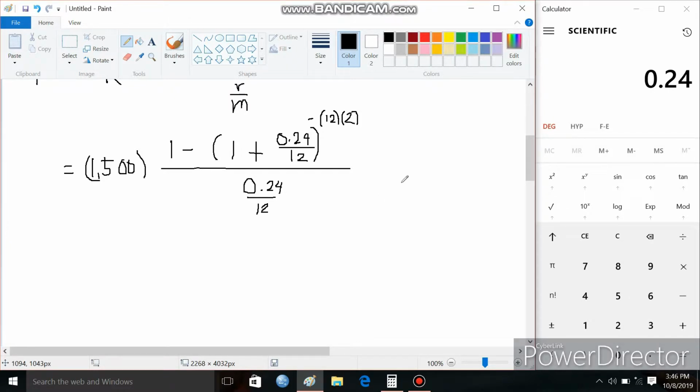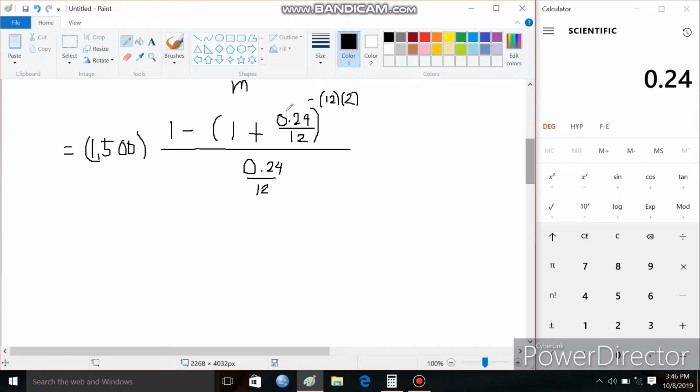Same thing with the future value. After substituting, the next step is to calculate these numbers and operations. We have 0.24 divided by 12. Press equals. The quotient is 0.02.